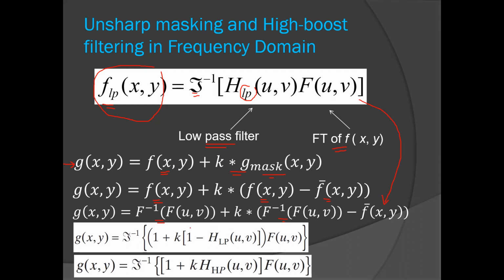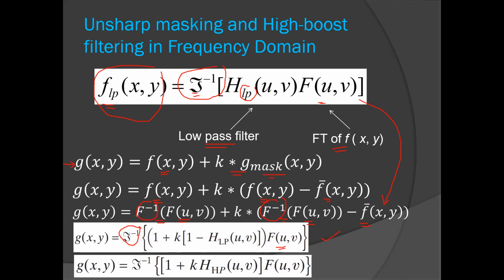So every term contains the inverse, so we have taken the inverse common, and every term has f of uv also, which we have taken common.